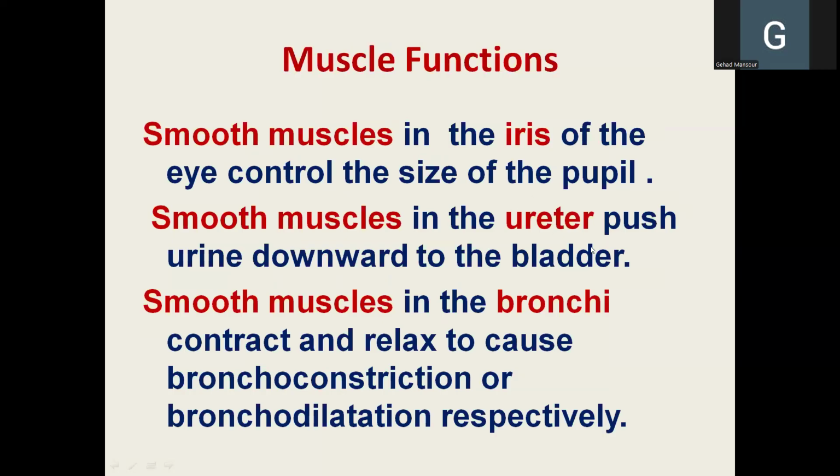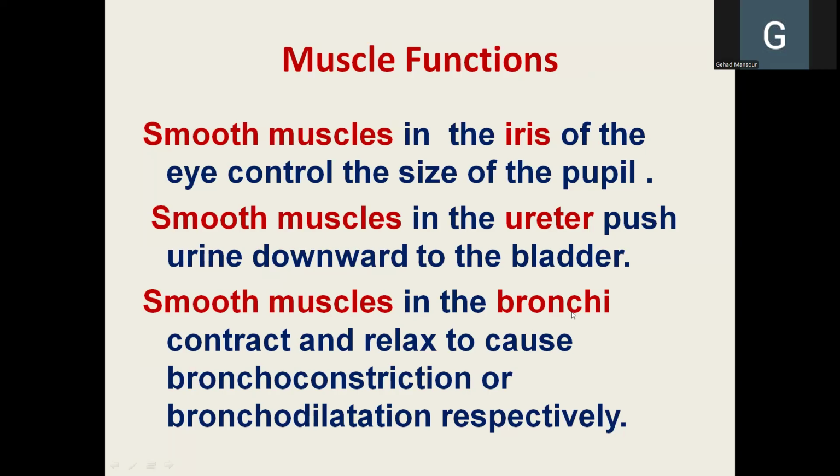In the ureter, in the urinary system, of course, contraction of the smooth muscles is important to carry out peristalsis again and to wash the urine downward towards the urinary bladder. But we also have an important system, which is the respiratory system and the bronchial system, or the bronchi in that respiratory system that are lined with smooth muscles.